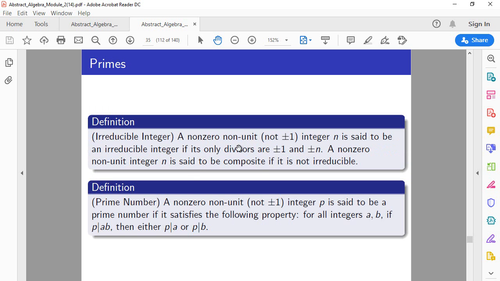The reason I'm defining the prime numbers in this way is because that should be the actual definition of prime numbers. We're going to see in a bit that within the set of integers, these two definitions are equivalent. But there are other sets of numbers where these two definitions are not going to be equivalent.